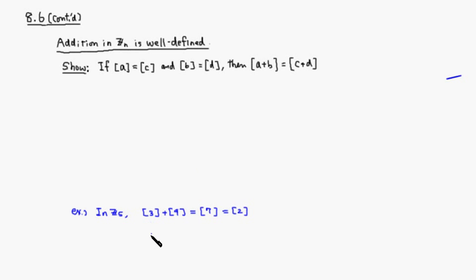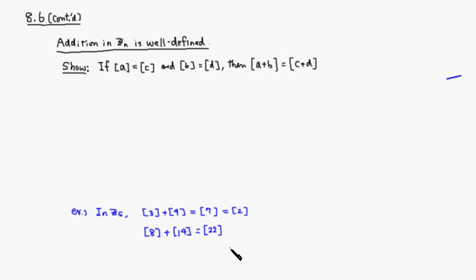But the equivalence class represented by 3 is the same as the equivalence class represented by 8, and the 4 is the same as, say, 14. When you add them, you get an equivalence class: 8 plus 14 would be 22, so the equivalence class represented by 22.